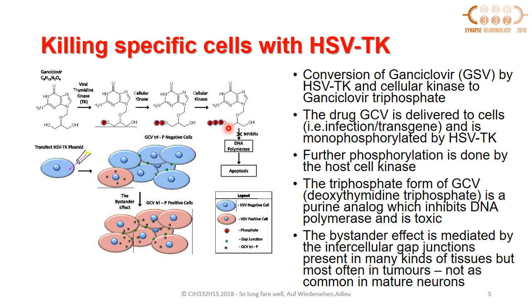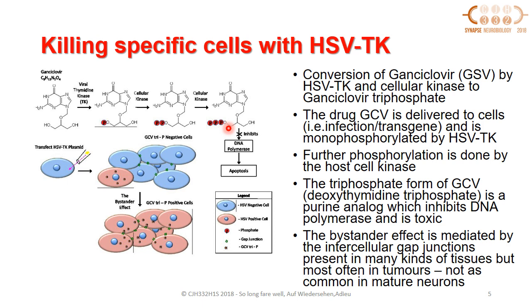And in the presence of this purine analog, this will actually impair the DNA polymerase, it will inhibit it, it will eventually stop all cell division within that group of cells, and eventually it becomes toxic.